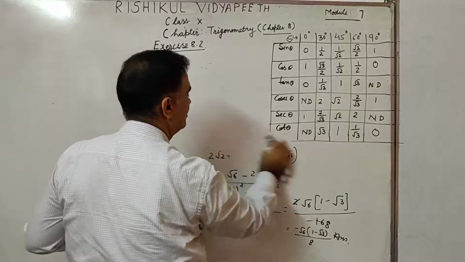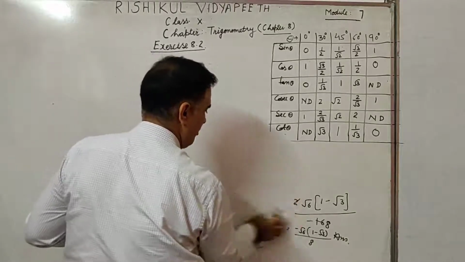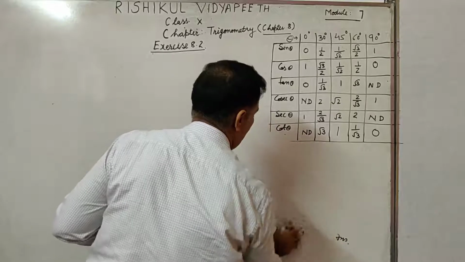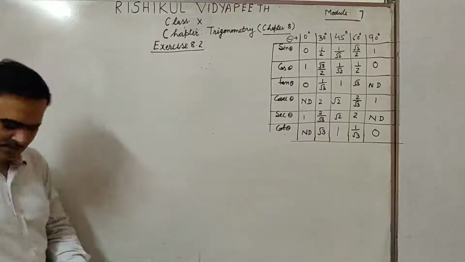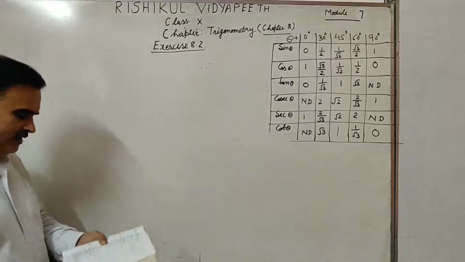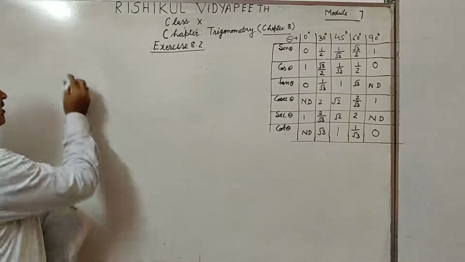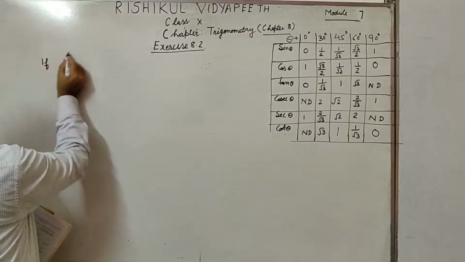In the third question, there is the same type. What has been given? What is the question? You see, I am writing question number 3.